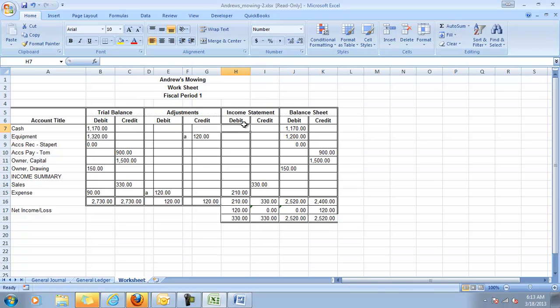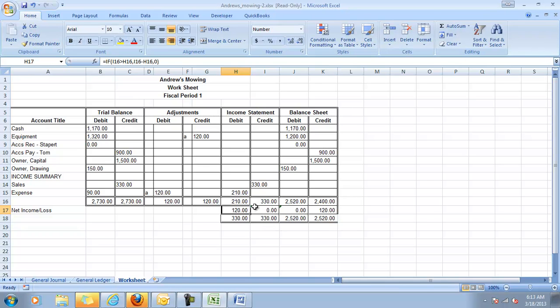We totaled up our debits and our credits in our income statement. We did the same for our balance sheet debits and credits, and we found that our credits on our income statement were greater than our debits. In other words, we had net income, so we put that balance there.